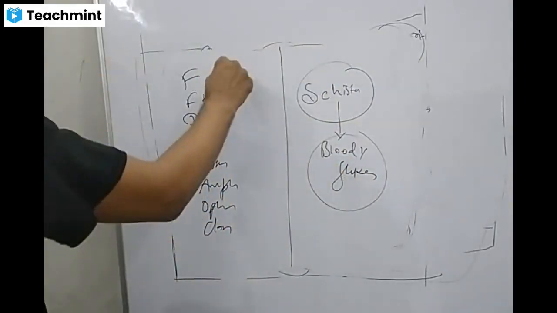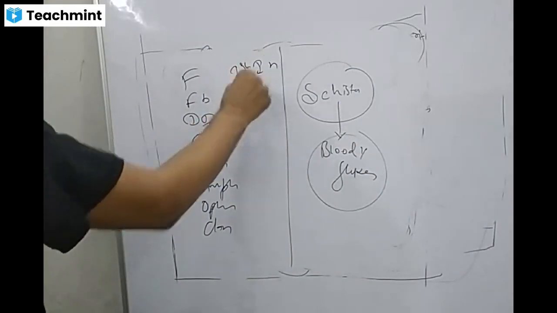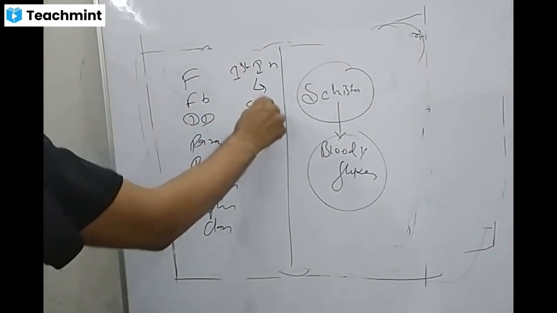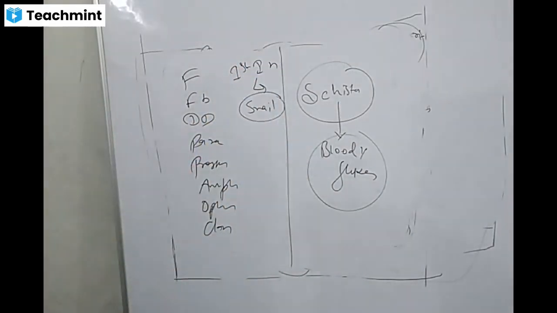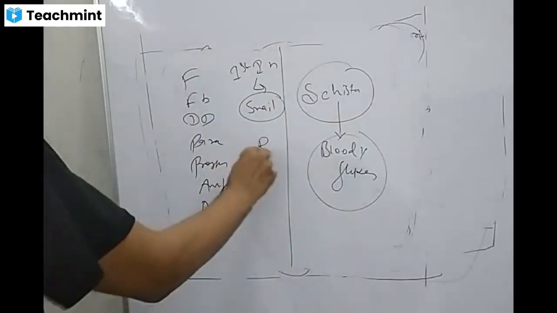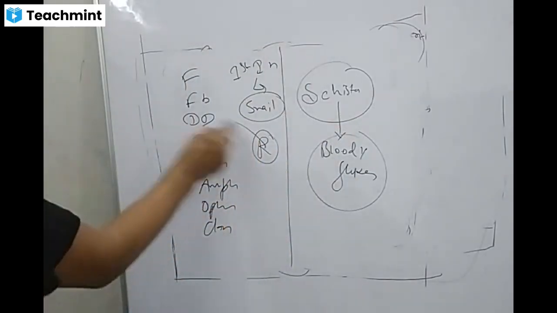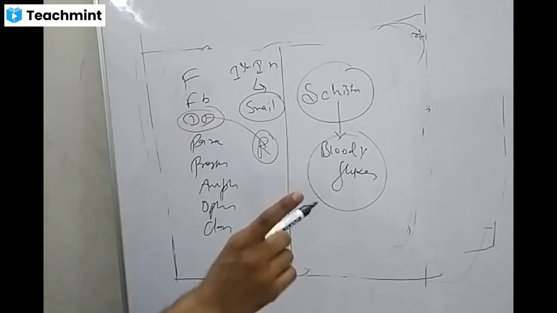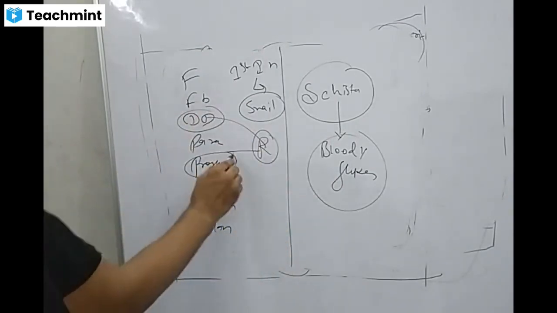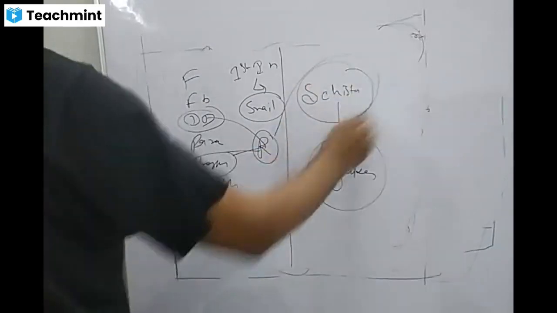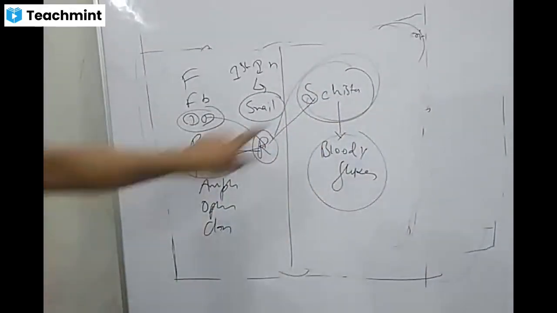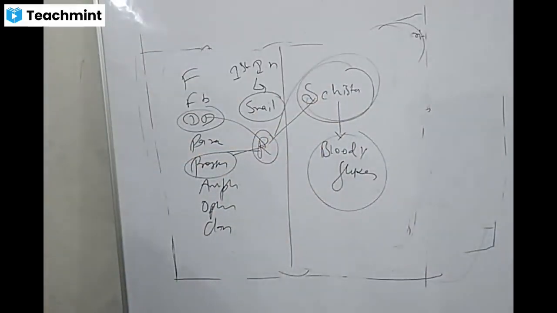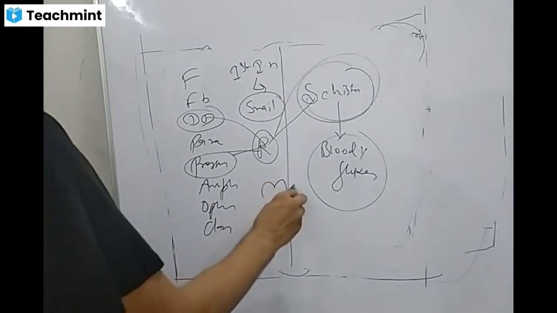What is common? Your first intermediate host is always and always a snail. In which flukes is redia absent? This is Dicrocoelium dendriticum, Prosthogonimus and Schistosoma. 1, 2, 3. In which of the flukes is metacercaria absent?